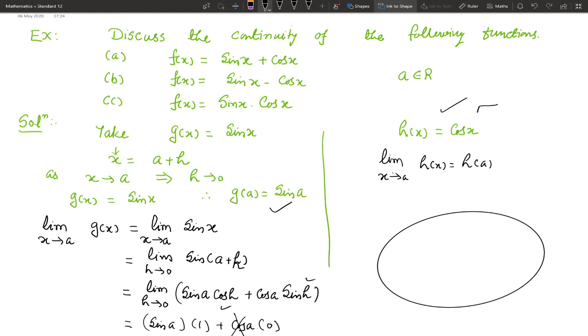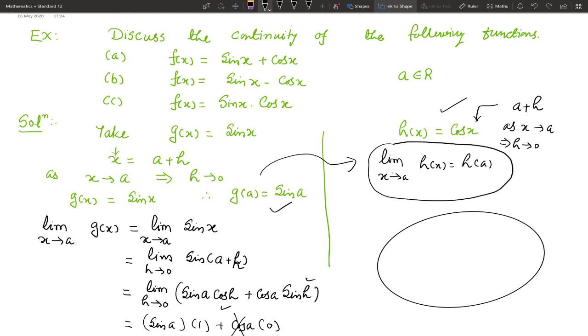Again you replace x by a plus h, and as x tends to a implies h tends to 0. By exactly the same method you can prove limit x tends to a, h of x equal to h of a.